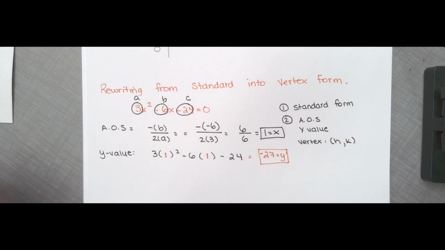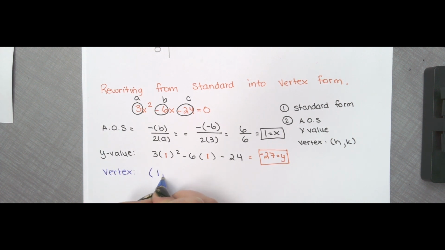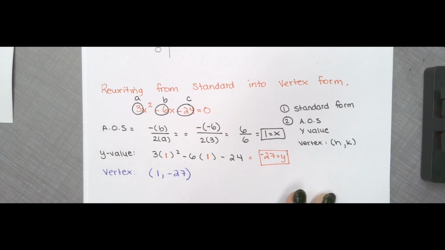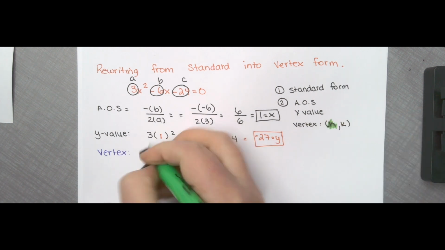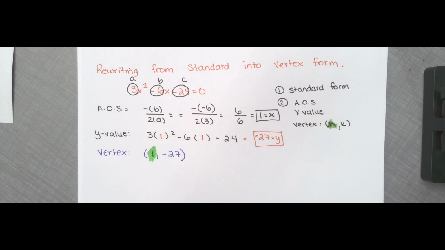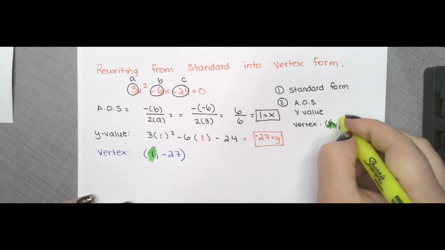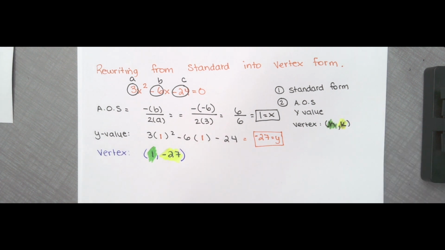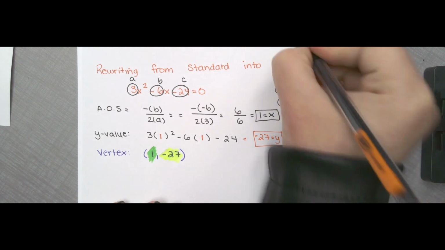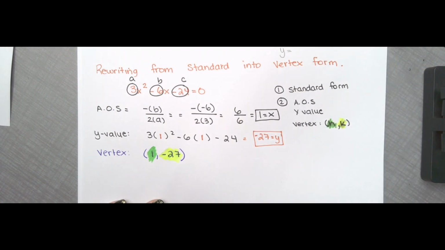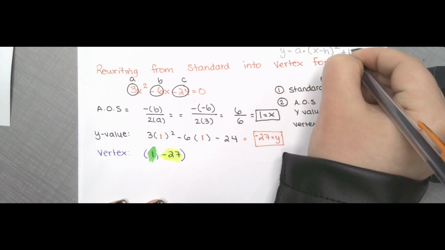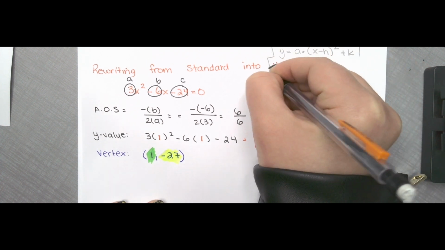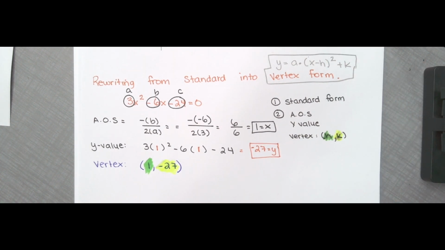That means our vertex is 1, -27. And again, remember, our vertex is your h comma k. So when you write it out, vertex form is y equals a times x minus h squared plus k. This is vertex form. You still have to have that memorized.